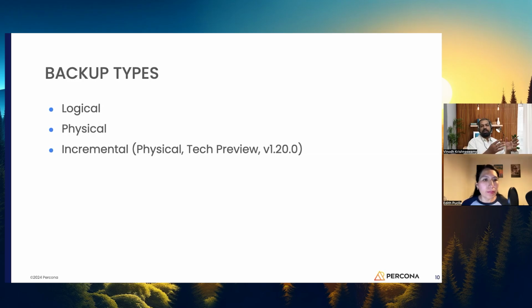On the other hand, it will hold much less data compared with the physical backup, because a physical backup is nothing but the exact backup of your binary files or the physical files. With the logical backup, you are just going to dump the data. So based on your cost, your requirement and the size of your data set, you can choose whether you need the logical or the physical one.